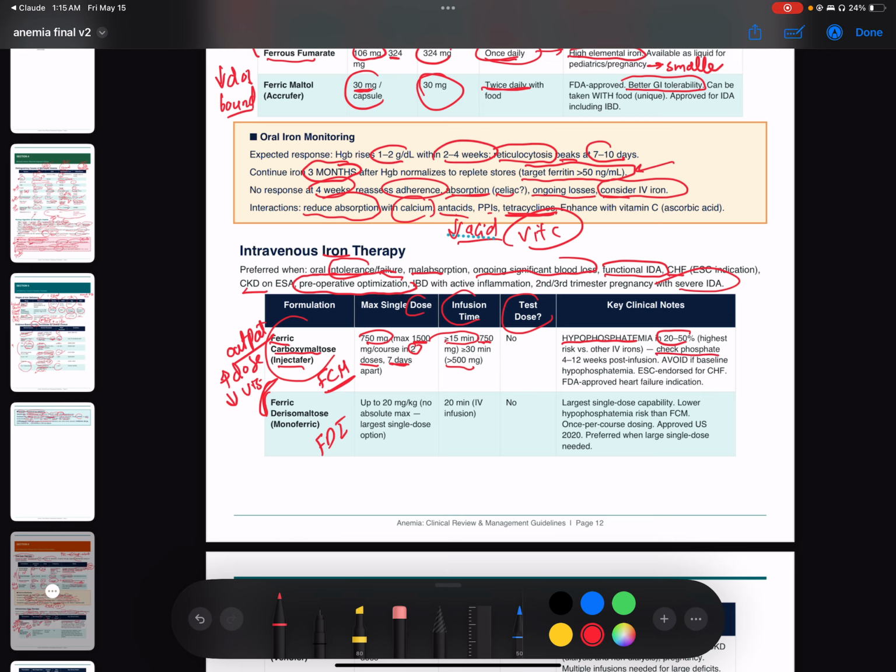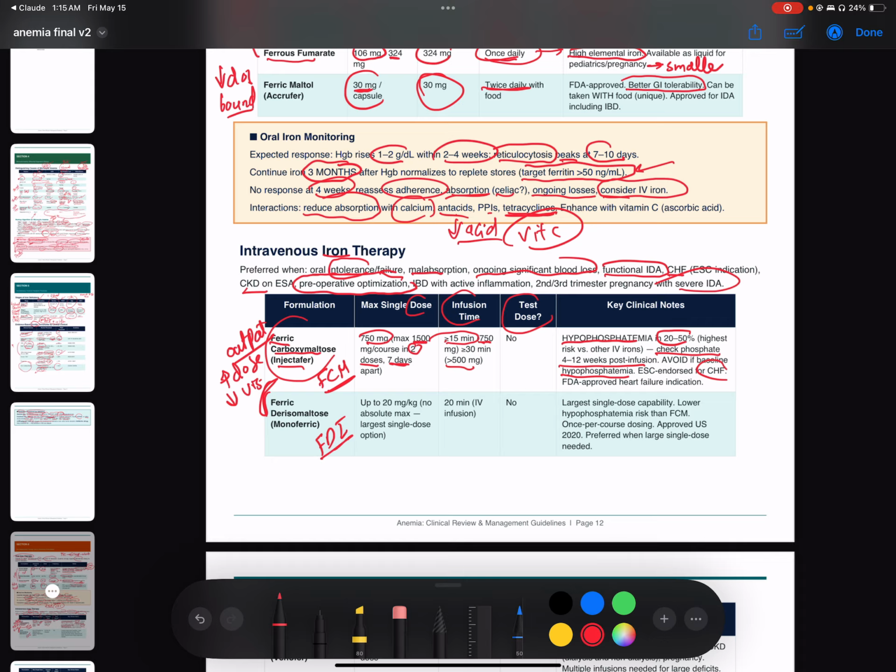So you need to check the phosphate 1 to 3 months after the infusion. If someone has baseline hypophosphatemia, then try to avoid this form of iron. And there are a lot of studies about use of FCM in CHF patients, actually.